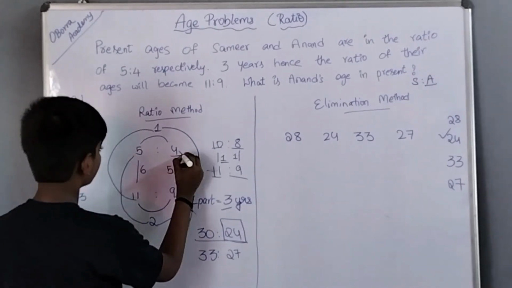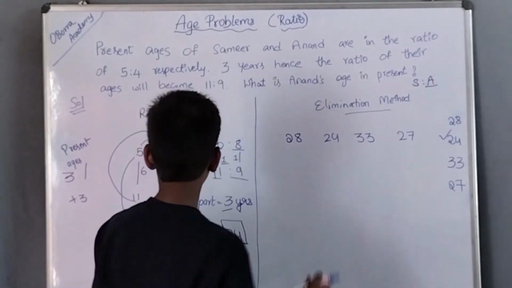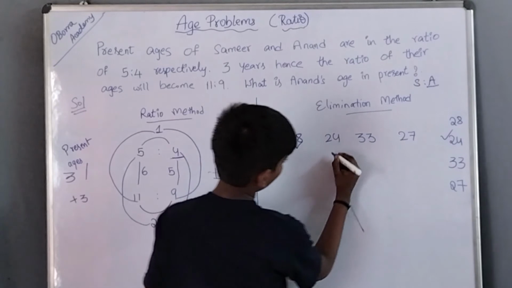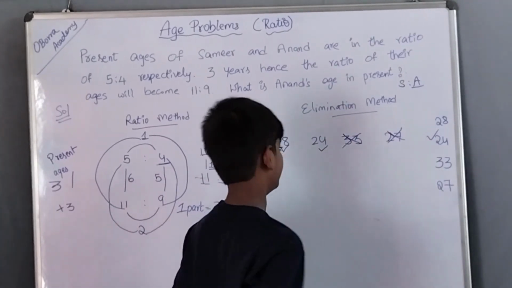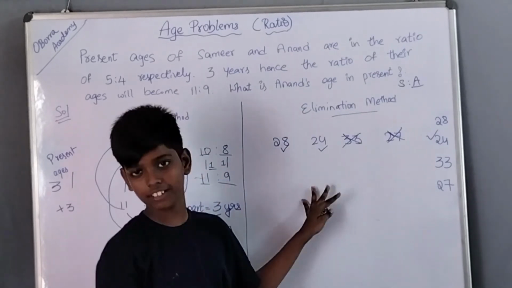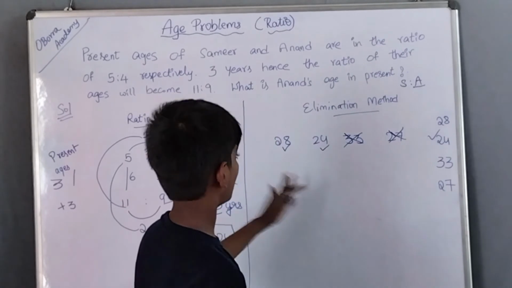So for Anand, which is over here, first we'll have to see the multiples of 4. We get 28 and 24, and 33 and 27 are eliminated. So from these two options, if we got one option, it would be easy for us to say. But we got two options, and now let's see how to calculate it.